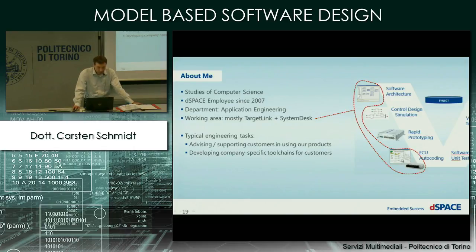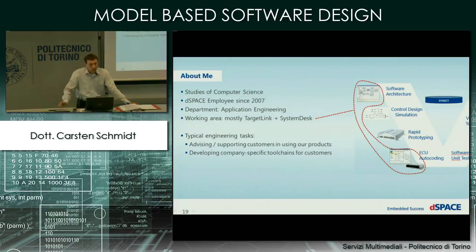And the other thing is the development of company-specific tool chains and customer-specific additional tools and so on in all these fields. So it's quite common that companies have their own databases, and for example, the software architecture can be generated from these databases, and then it has to be imported into our tools, for example, into SystemDesk.